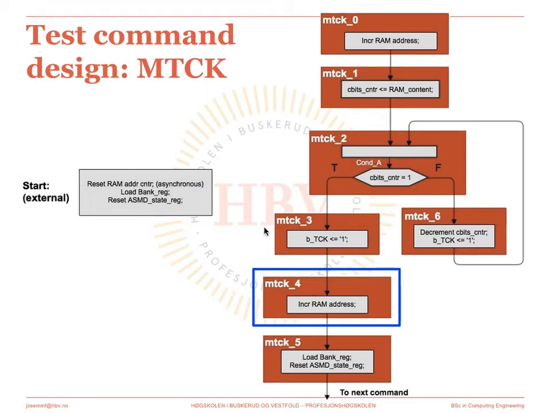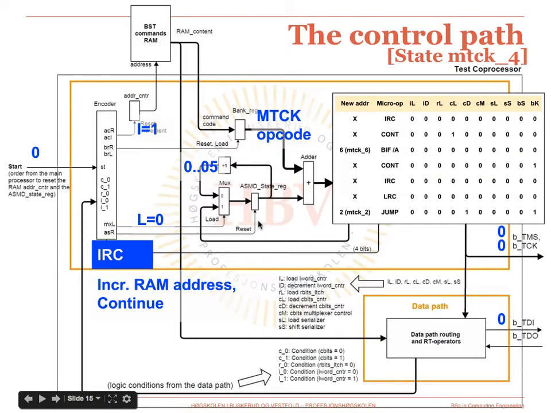Now in MTCK4 we need to increment the shared memory address and continue to MTCK5. Let's see how this takes place. The microoperation is now increment RAM address and continue, the RAM being our shared memory.